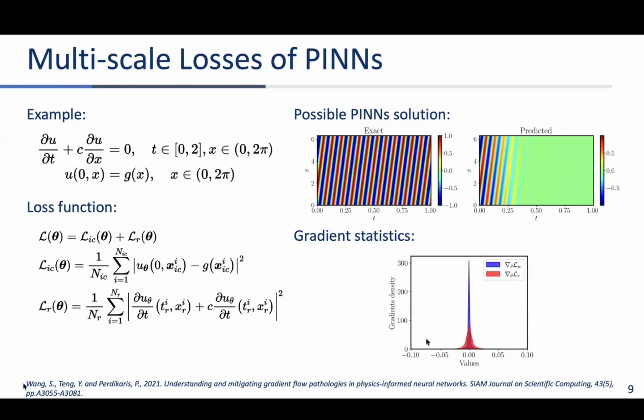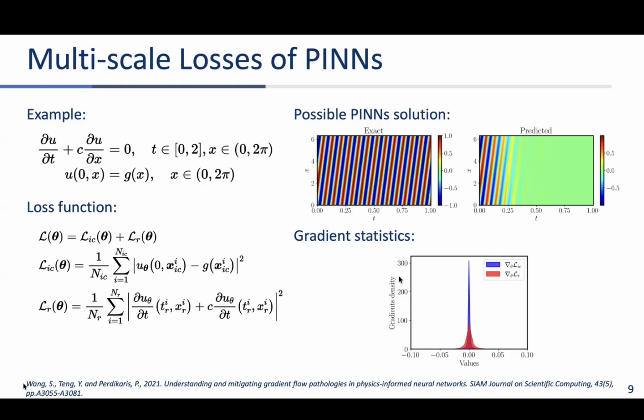As you can see, the scales of those two distributions are quite different. Basically, the gradients of the PDE residual loss are much larger than the ones of the initial condition loss. As a result, the PINN's optimization process is biased towards minimizing the PDE residuals while ignoring fitting the initial conditions. This breaks the well-posedness of the PDE system and causes the model failure.